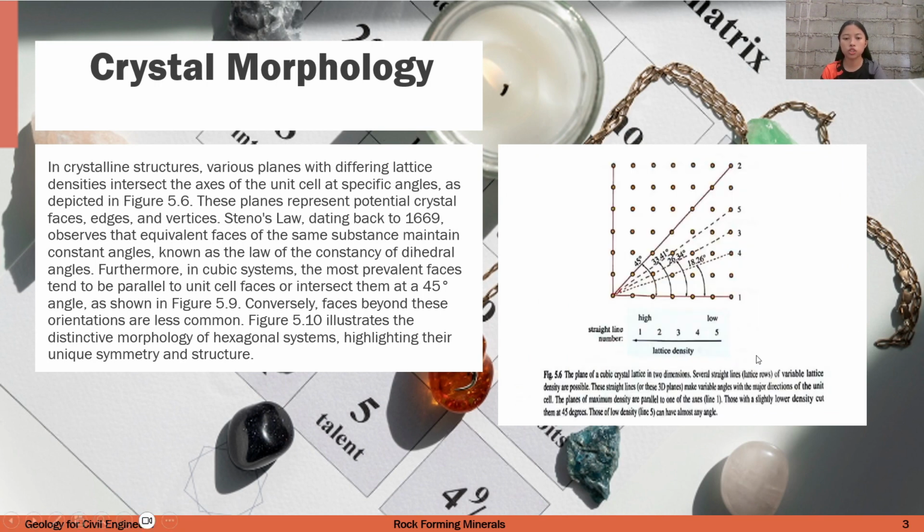So, this picture pinapakita nito kung paano ang atoms nagla-line up in a cubic crystal. And yung lines pinapakita kung paano ang atoms naka-arrange. Kapag closer sa lines, ibig sabihin nun may atom doon.